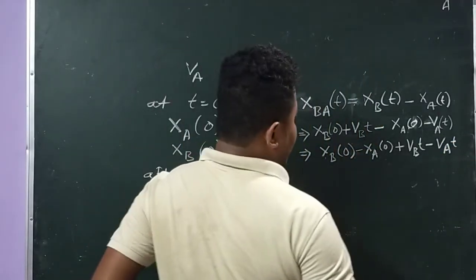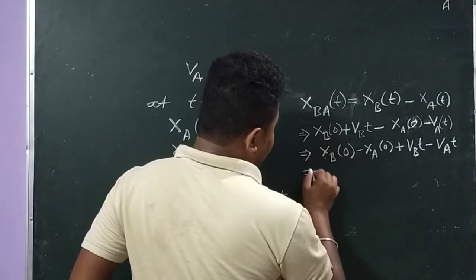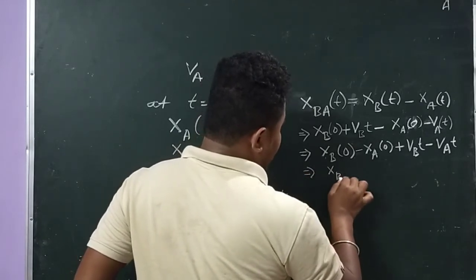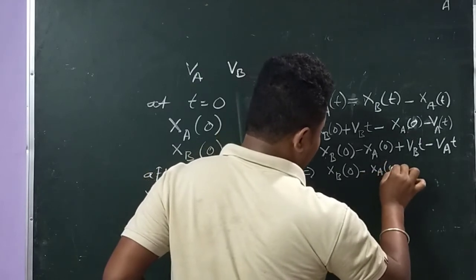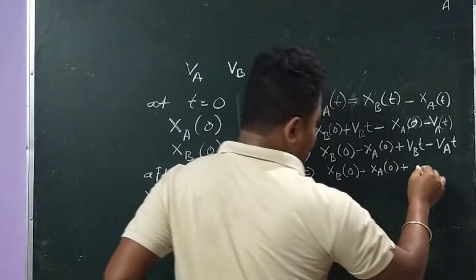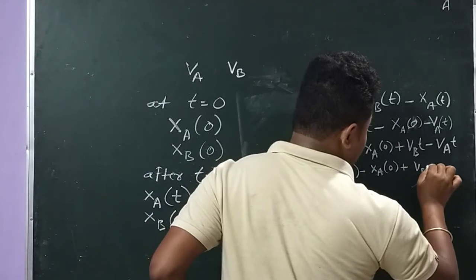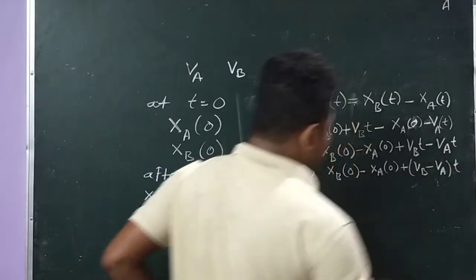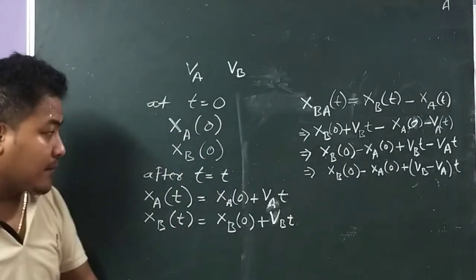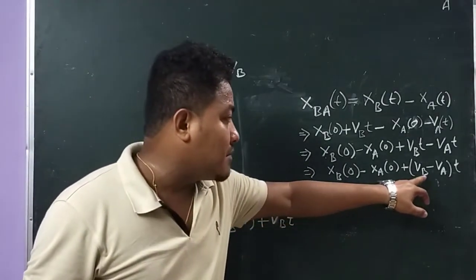Clear? So if I write this time, I can find that XB0 minus XA0 plus, that is VB minus VA. VB minus VA. So what I have now got, as you can see, is VB minus VA.